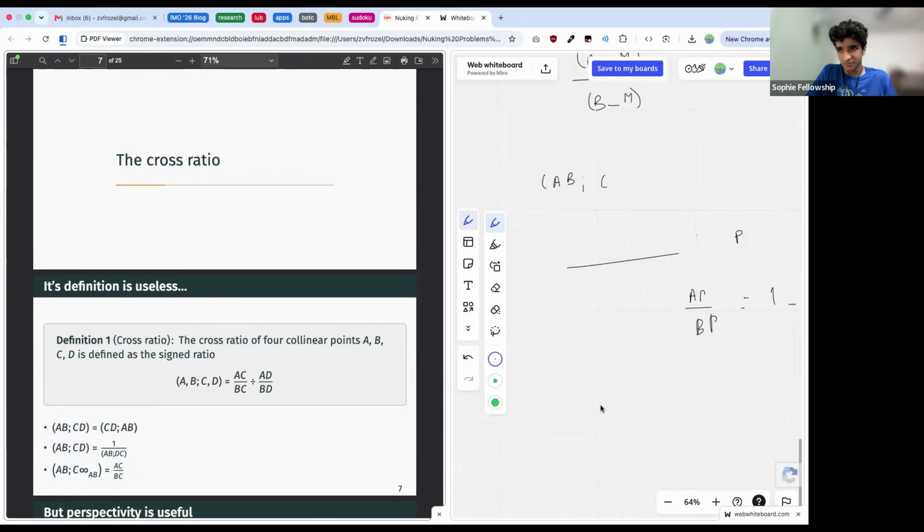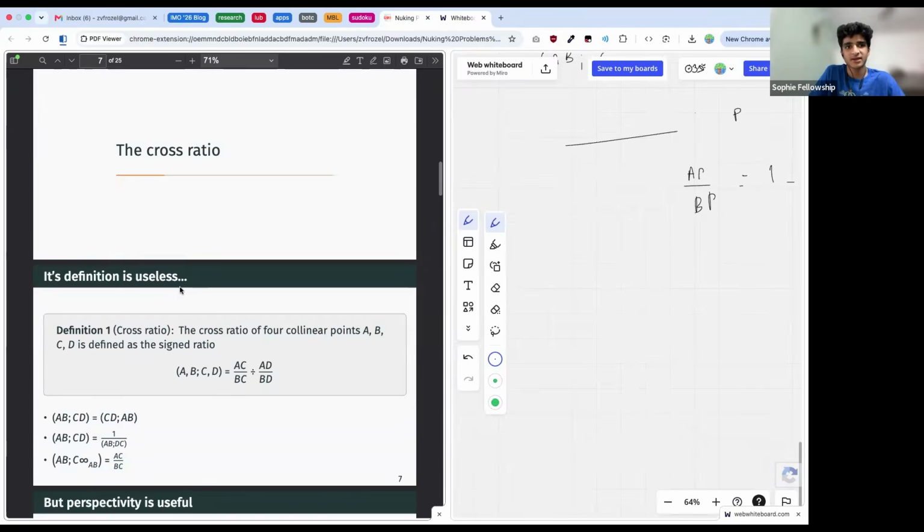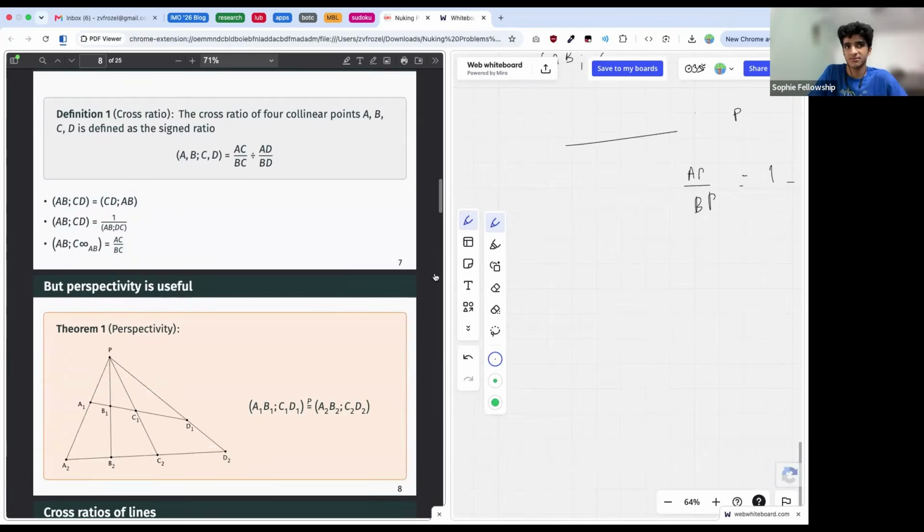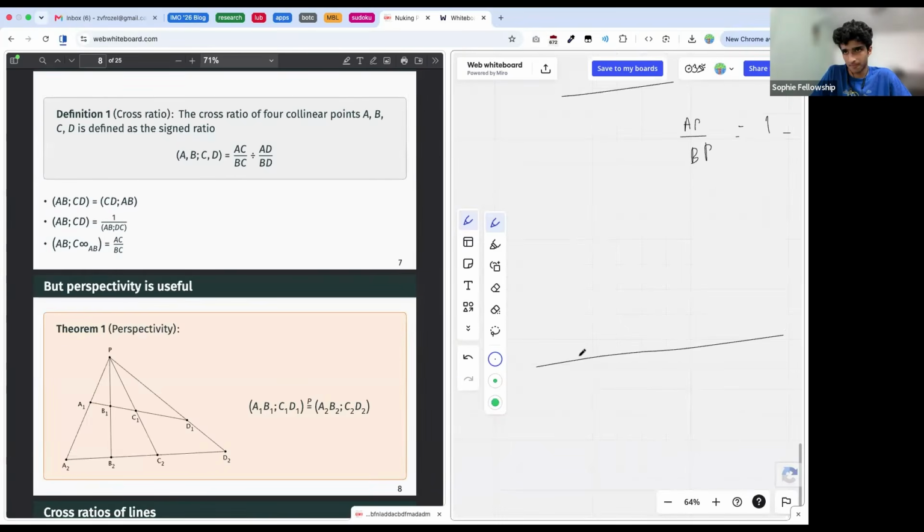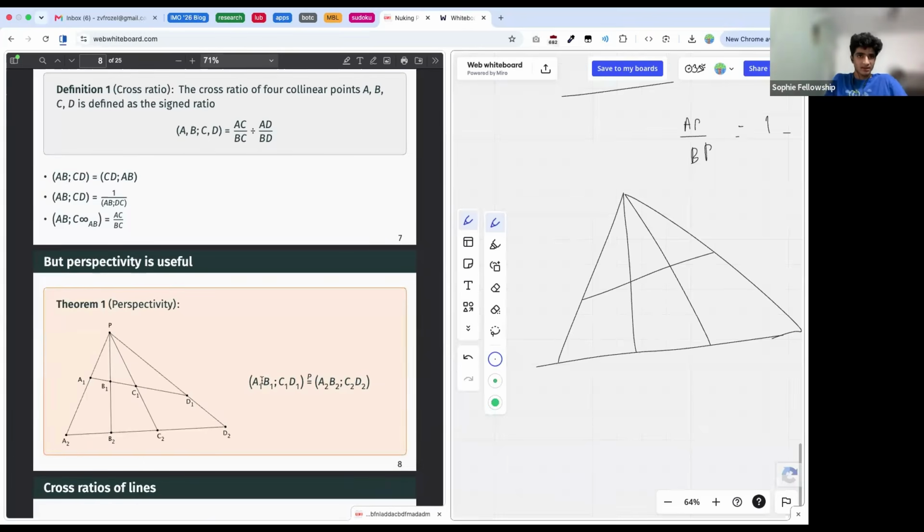Now, what's the point of all this yap about cross ratios? You have a random quantity over lines, and the entire point is just this one theorem. If you have 4 points A1, B1, C1, D1, and 4 more points that lie on lines PA1, PB1, PC1, and PD1, then this cross ratio on this line is also equal to this cross ratio.